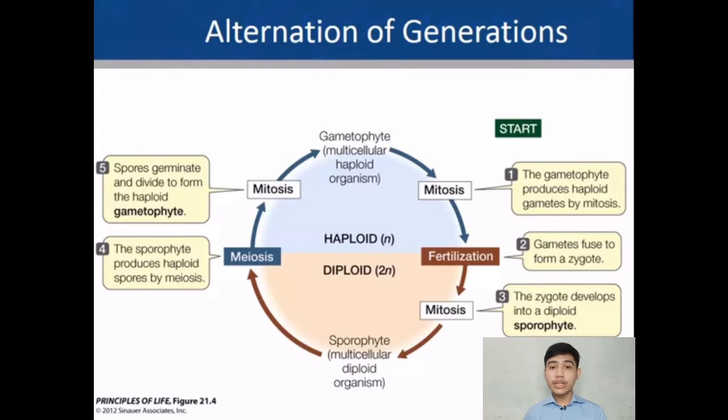The spores will be produced by a sporophyte stage organism. It is a signal that when the organism is creating spores, it is already in the sporophyte stage. In this case, the sporophyte, or multicellular diploid organism, will undergo meiosis, which divides the cell into half, at the same time halving the number of chromosomes.